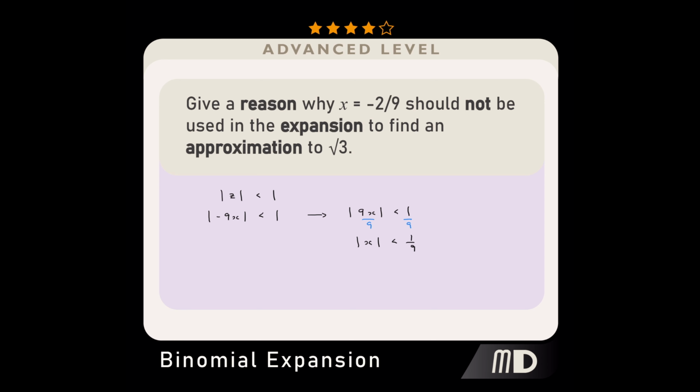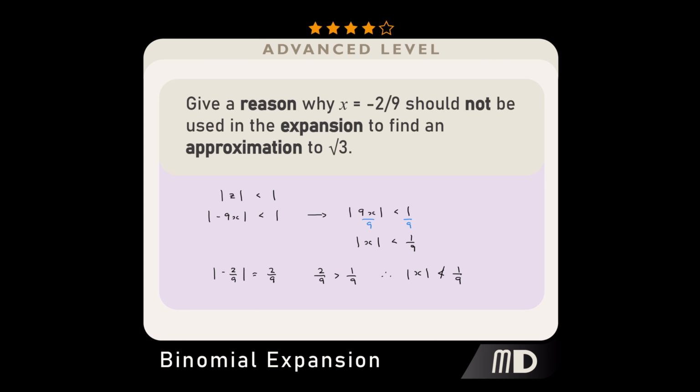If x is equal to minus 2/9, that value exceeds the limit of 1/9. In other words, 2/9 is greater than 1/9. So x equal to minus 2/9 is outside the limit of the modulus of x less than 1/9.